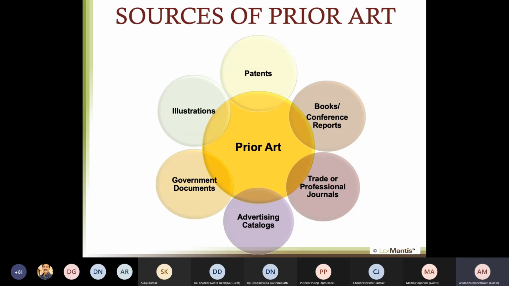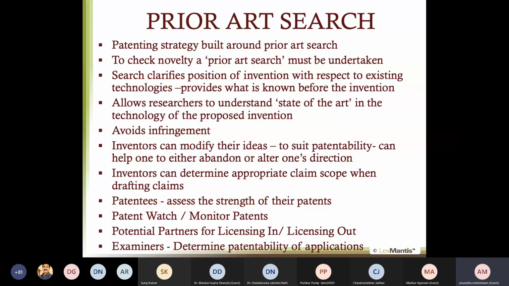So these are the sources of prior art: previous patent literature, books, conferences, trade and professional journals, advertising catalogs, government documents, illustrations. Right? Going back to why else we need to do a prior art search. We need to do it because it also helps to clarify the position of the invention. How many close inventions are there? What is the kind of knowledge that exists with respect to this line of technology?